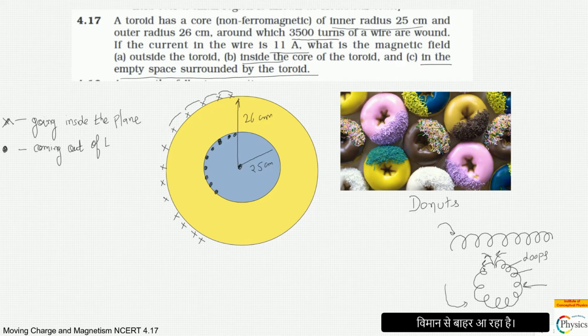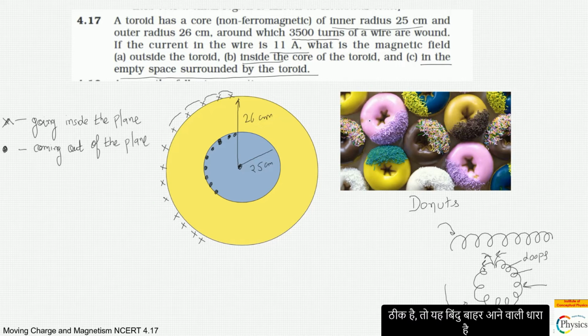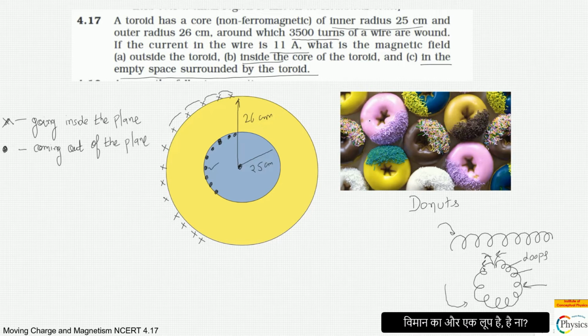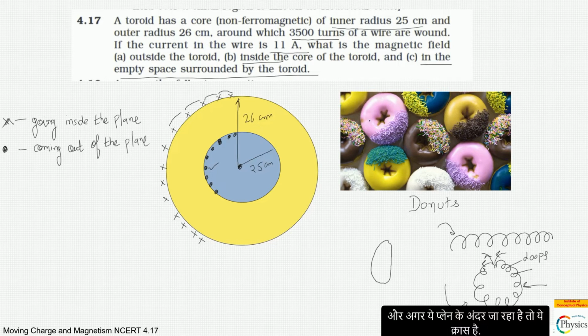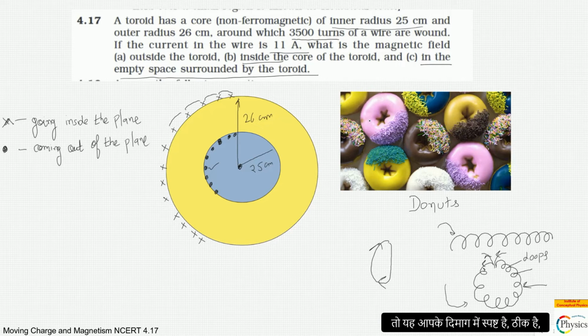There is a loop, right? A loop is like this, and if it is going inside the plane, it is a cross. If it is coming out of the plane, it is a dot. So that is clear in your mind, right? How the diagram is to be drawn.